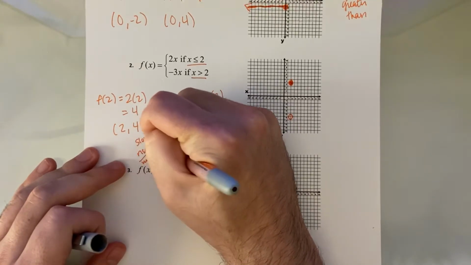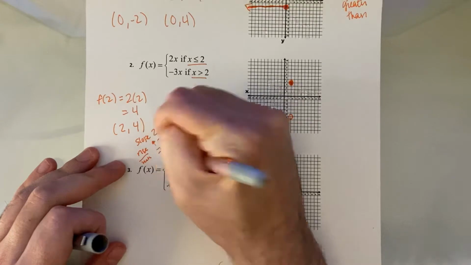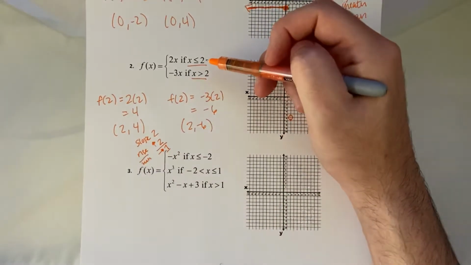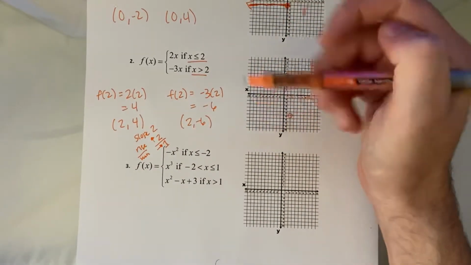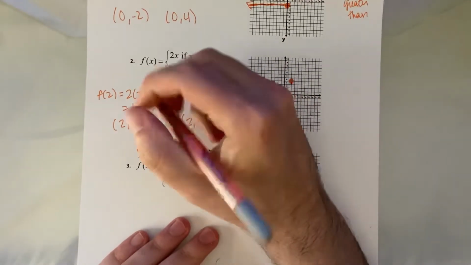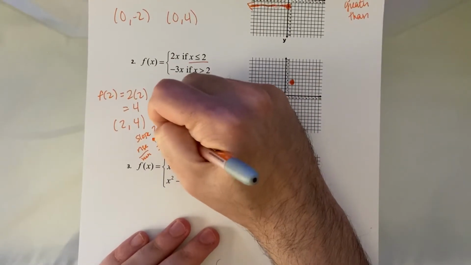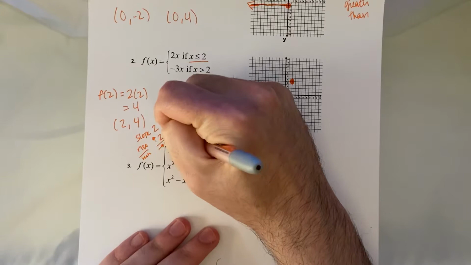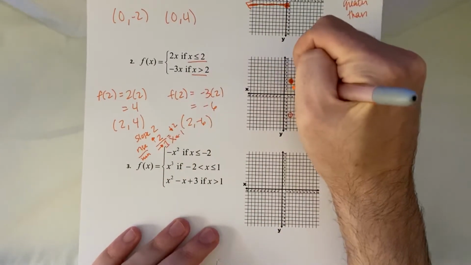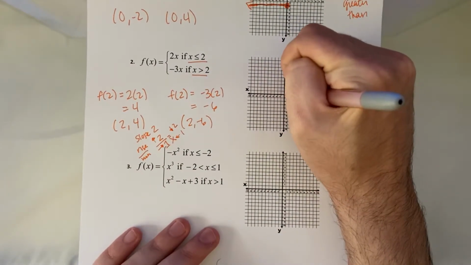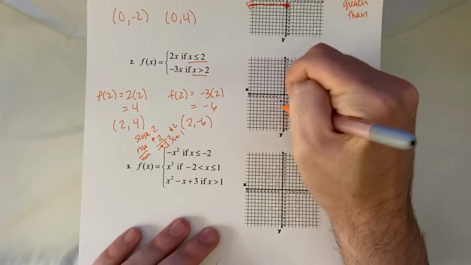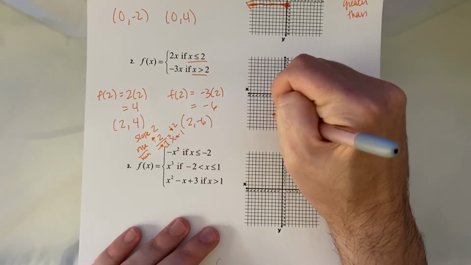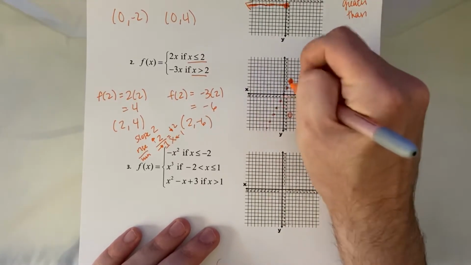Normally we would do up 2 and to the right 1, but less than really means I need to be going to the left, so I really need to do the opposite. So I'm going to go down 2 and to the left 1 to find other points. Down 2 over 1. And you don't need a bunch of points to graph this, but I'm going to do it just in case.